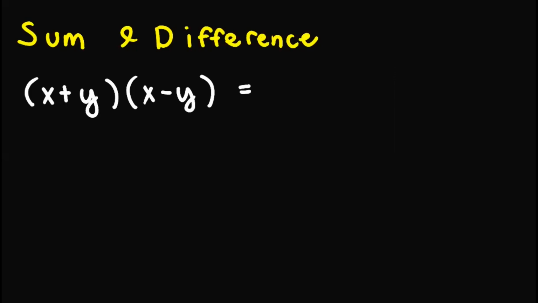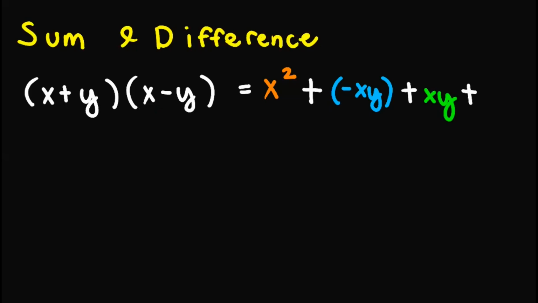Indeed, if we apply the FOIL method, observe that multiplying the first terms will give us x squared, plus multiplying the outer terms would give us negative xy, plus multiplying the inner terms would give us xy, plus multiplying the last terms would give us negative y squared.